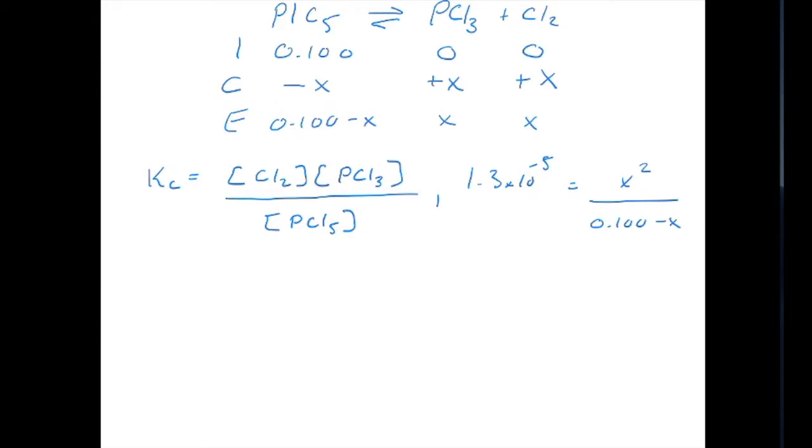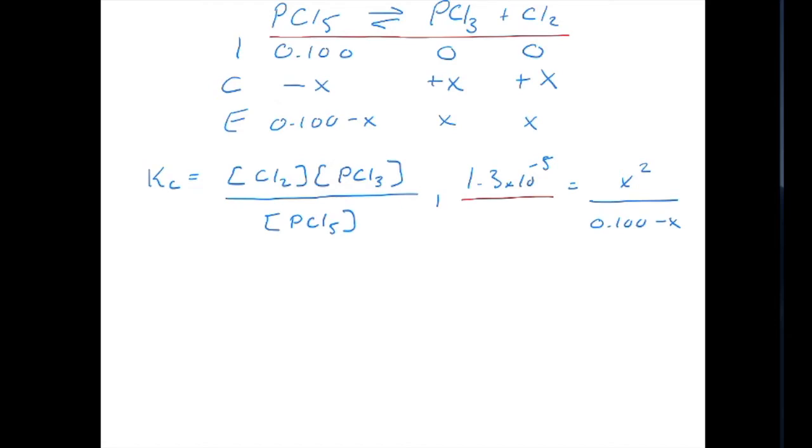But since our equilibrium constant K is really small, small enough such that the reaction here is not going to produce very many products, right? Because a small equilibrium constant means it's reactant favored, so it's mostly going to have PCl5 remaining and will not make too much PCl3 or Cl2.